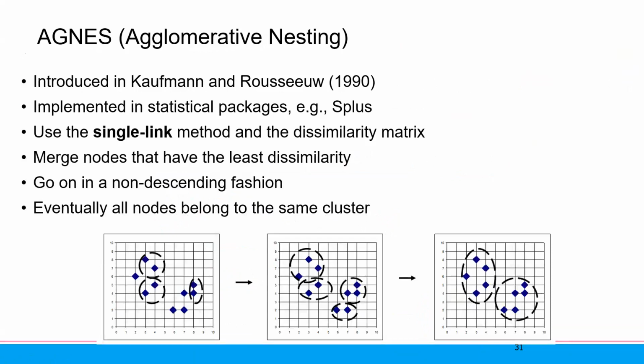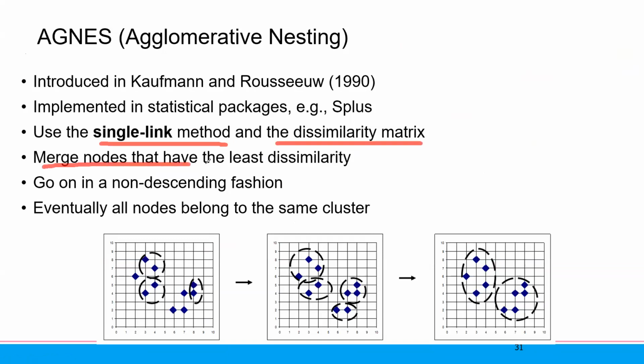Agnes means agglomerative nesting. That's why they call it Agnes. And it was introduced by those 2 guys in 1990. It has been implemented in the statistical package S-Plus. If you know R, it is the extension of S-Plus. In the first implementation, they used the single link method. And they also use the dissimilarity matrix or the distance matrix.